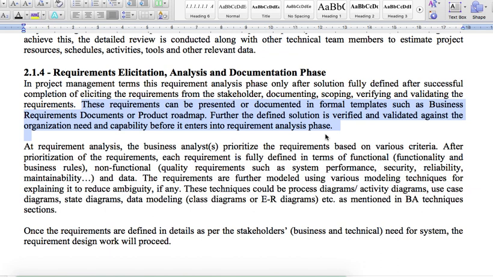This is where, once we have those requirements, we scope them as per the organizational need and the current capability. In case you are going to have some future capability later on and you want to accommodate those requirements at a later stage, they can be considered in the next phase as a future requirement.